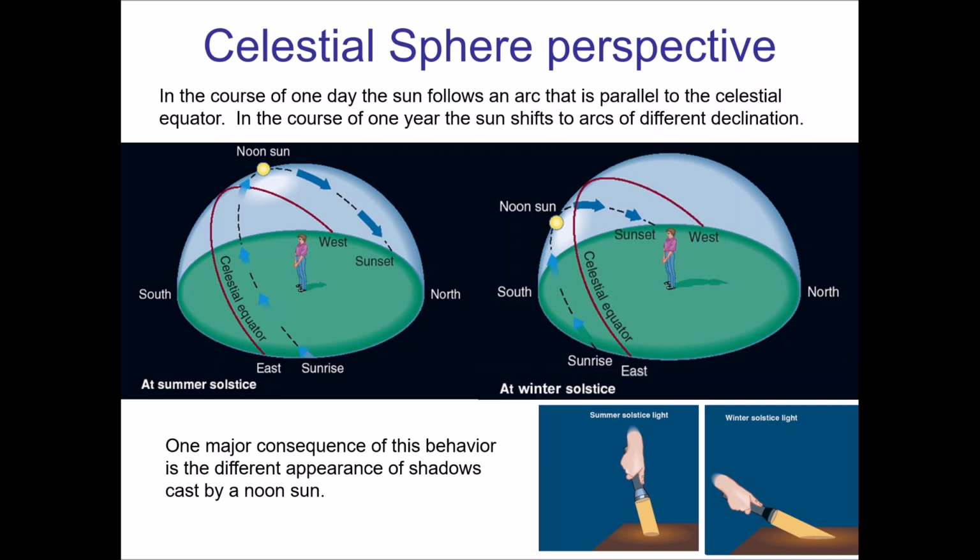So it's further north when it rises and further north when it sets, and it's more overhead at noon. And then you can see the one for winter when we are tilted away because we've moved to a portion of our orbit where that occurs. Then the sun is just further down in the sky.